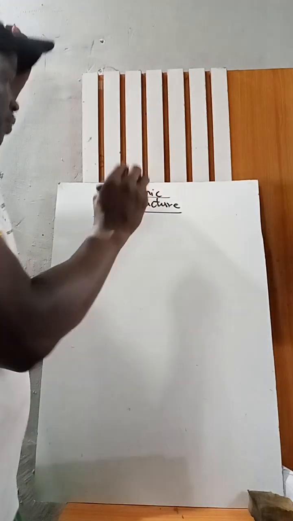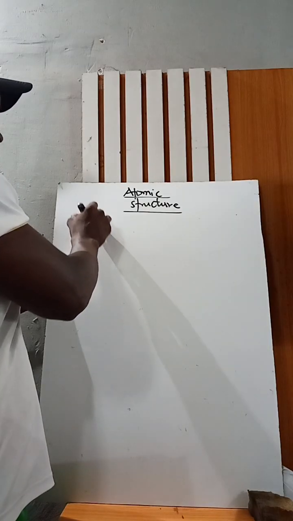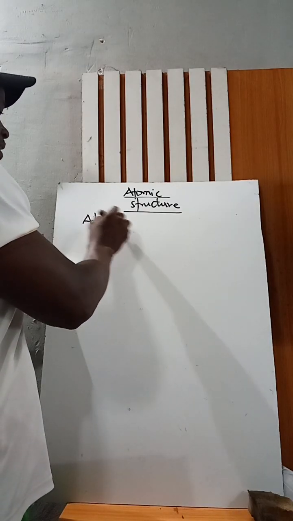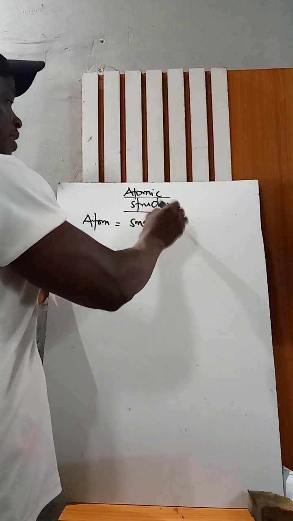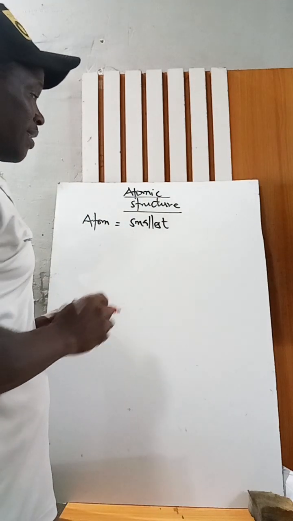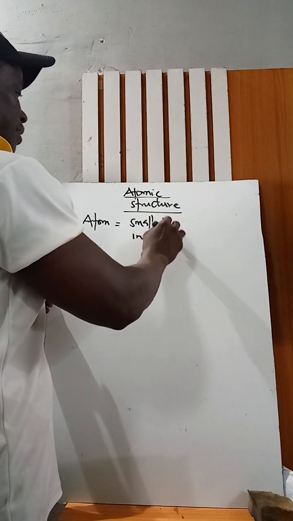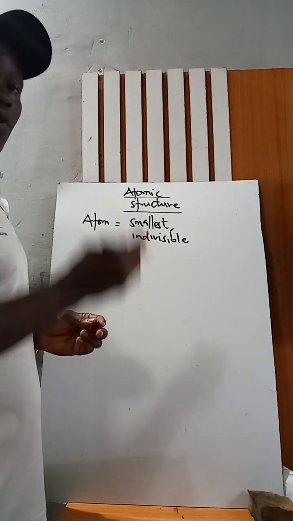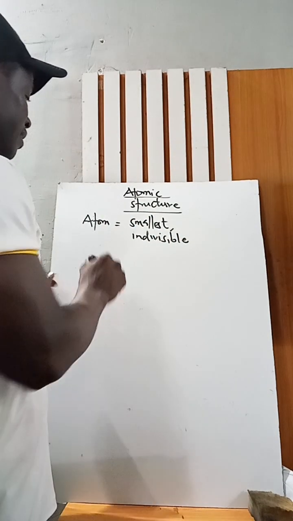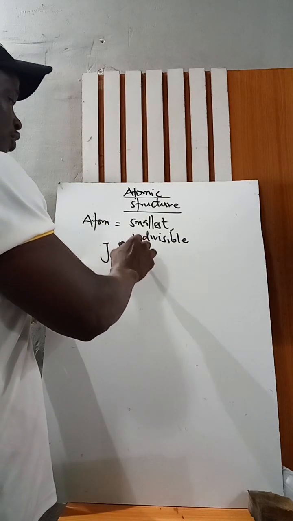So atomic structure. The very first thing you have to know is that an atom is the smallest indivisible particle of an element. Who said this? No other man than John Dalton.